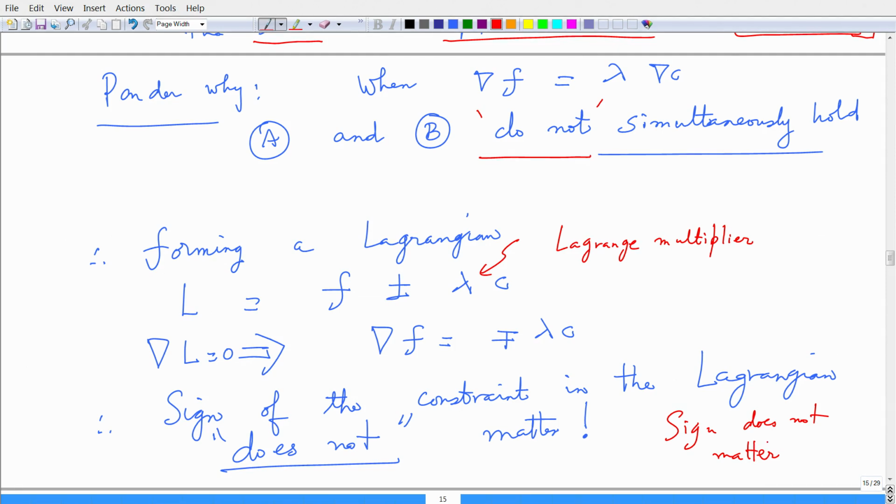Irrespective of whether I put a plus sign or a minus sign before my constraint, I still land up with the saddle point, and from the saddle point I can compute my Hessian, and infer whether it is a minima or a maxima.